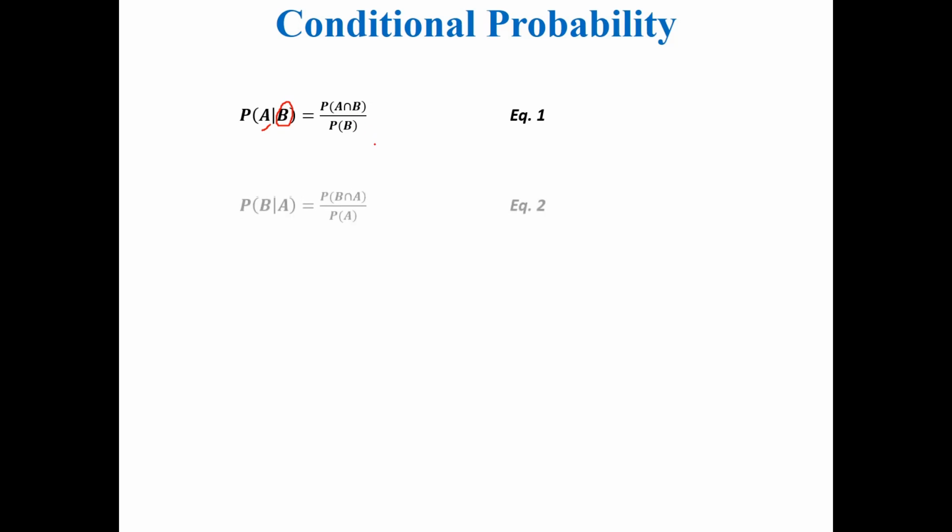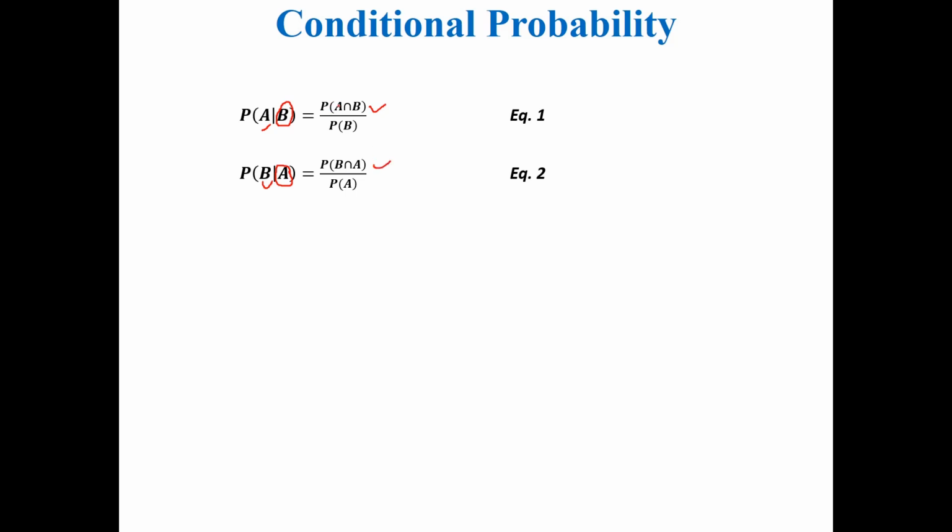Similarly, it can be defined as the probability of B given A. In this case, the probability of occurrence of event B given that A has already occurred will be equal to probability of B intersection A divided by probability of A. Now say both numerators are the same.